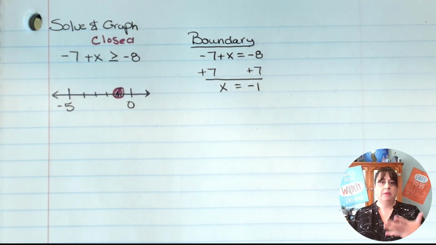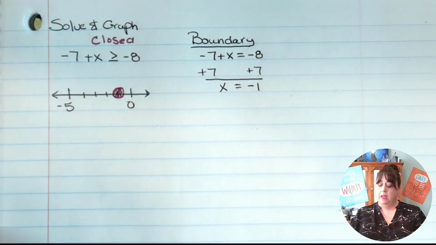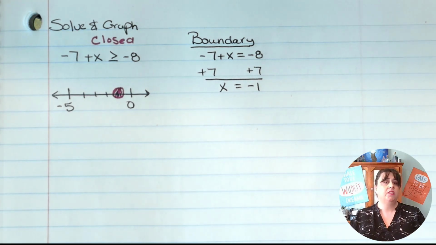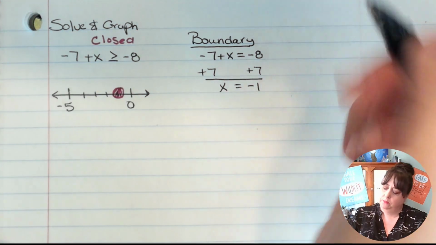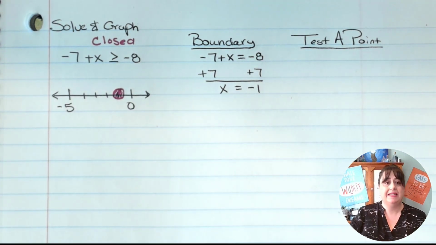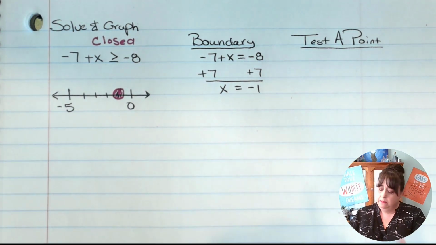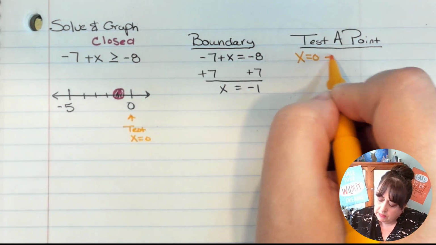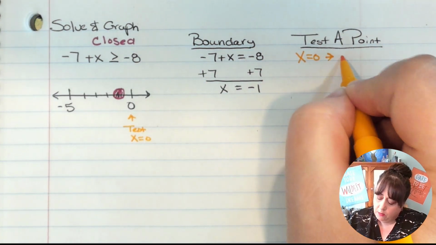And so I just do it in bits and pieces as I come to it. So then the next thing I need to do is find which side is true and which side is false. So which side is the solution and which side is not the solution. It doesn't matter which point I test so long as it is not the boundary. So I am going to test the point 0 into the inequality.